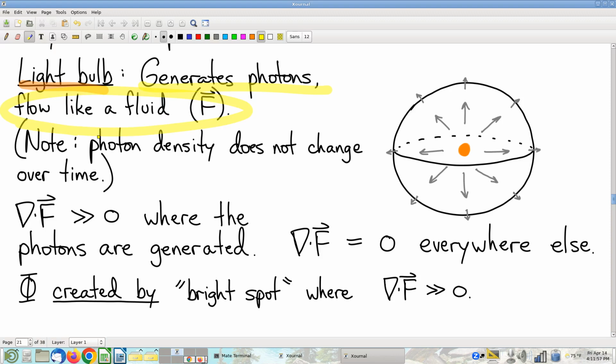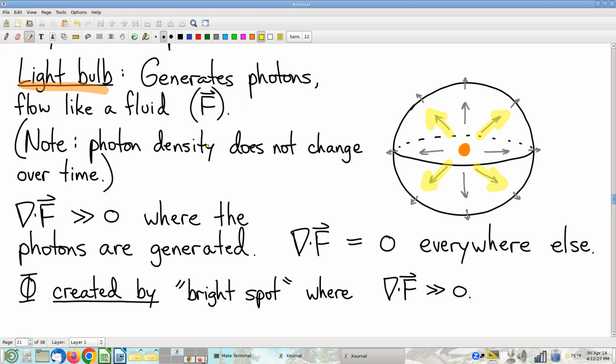If you have a single point light source, they flow together like a fluid, and thus the arrows here, all emanating outward from the point source. How are we doing? Does everybody believe it? All right. It's weird to think of that as a fluid, but well, it is. Okay. Weird thing about this fluid.